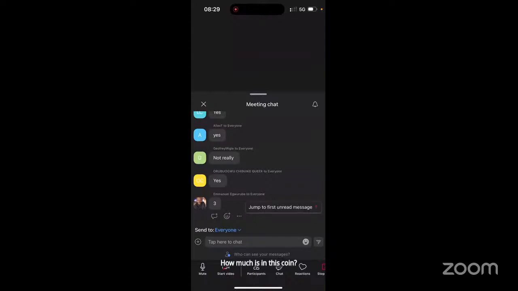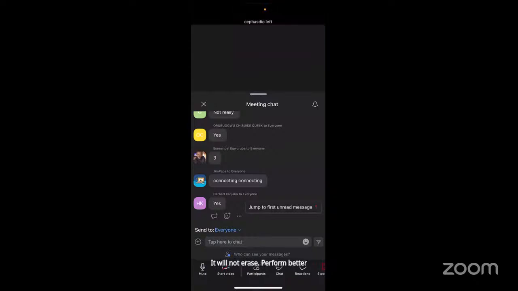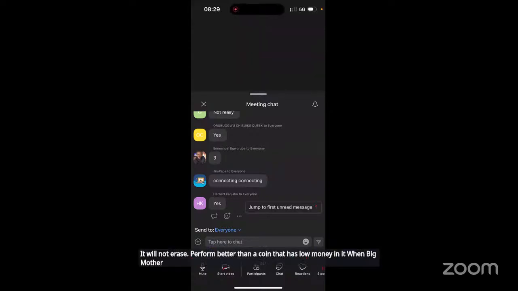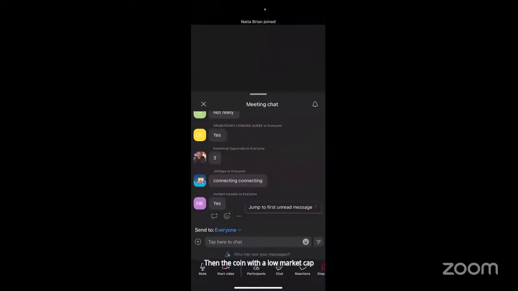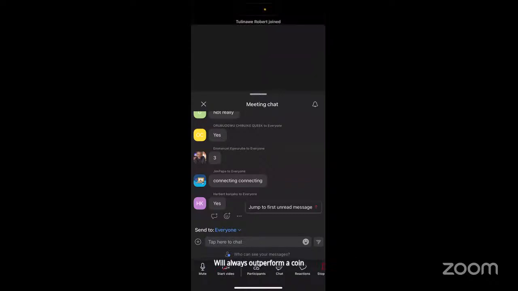If a coin already has too much money in it, it will not always perform better than a coin that has little money in it. When big money moves in that category, the coin with a low market cap will always outperform a coin that has a lot of money in it. Are we connecting? Can we continue?